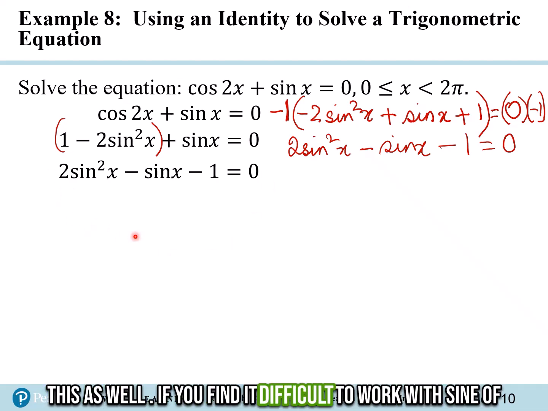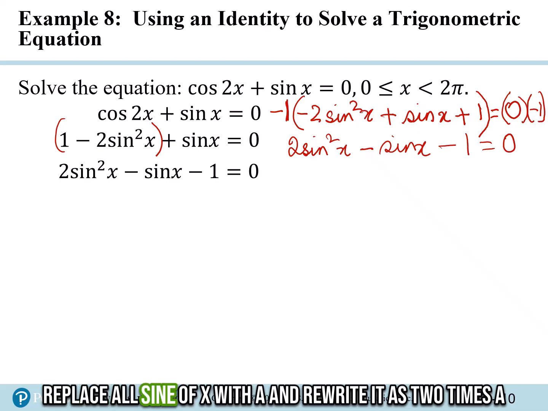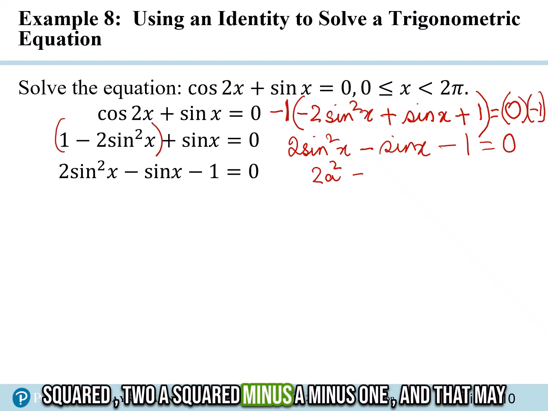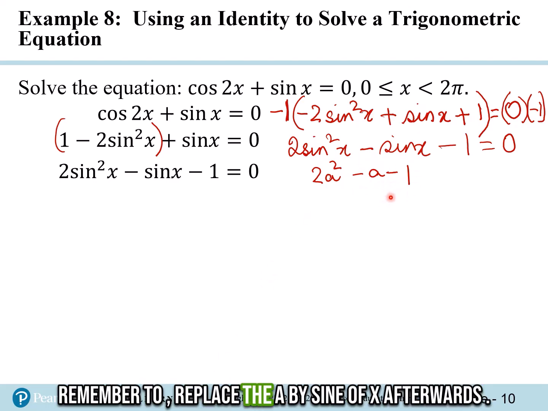If you find it difficult to work with sine of x in this trinomial, temporarily replace it with a. So replace all sine of x with a and rewrite it as 2a squared minus a minus 1, and that may make it easier for you to factor it, but you have to remember to replace the a by sine of x afterwards.